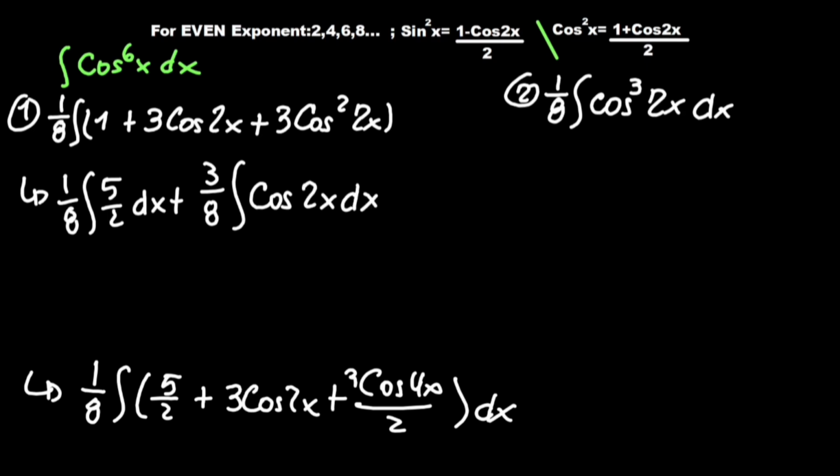Wait, this should be 3. Plus 1/8 integral of 3/2 cosine of 4x. Multiply 3/2 by 1/8, we would have 3/16.